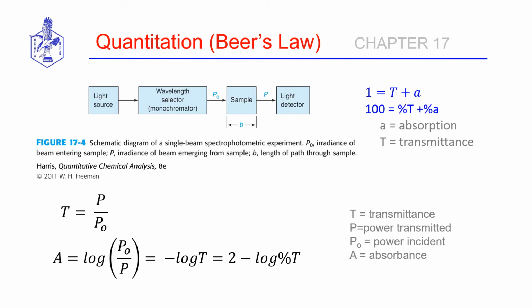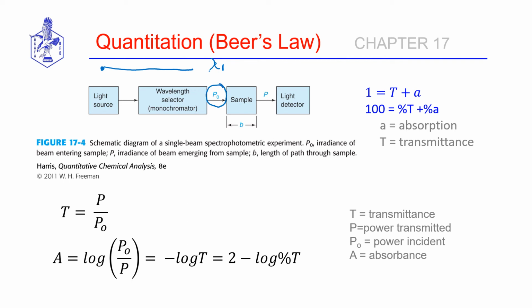So the quantitative application of any absorption technique is the exploitation of what's known as Beer's law. Once again, here is the schematic diagram of our instrument. You have a light source. Then we have a wavelength selection device that's going to allow one particular wavelength to pass through our sample. We measure the power of the light when no sample is present.